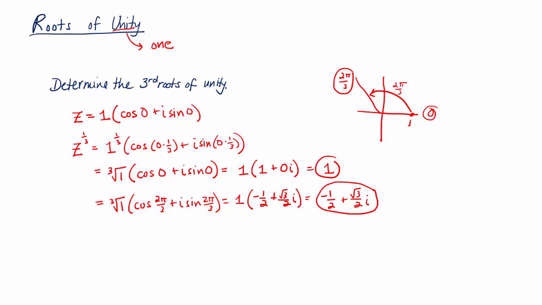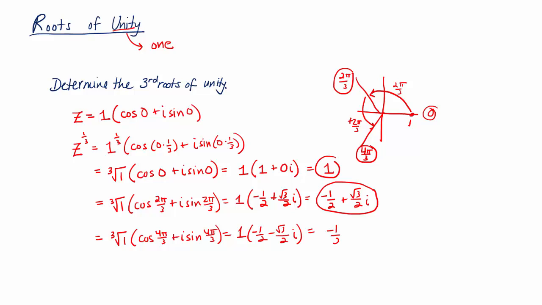And lastly, another 2 pi over 3 brings us to 4 pi over 3. So now I need to know what the cosine and sine of 4 pi over 3 are. That's going to be -1/2 and negative root 3 over 2.